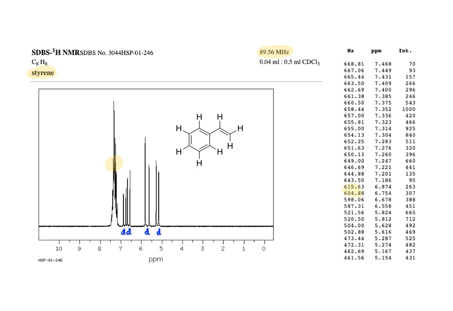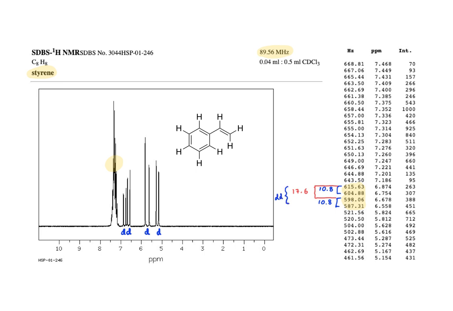For the doublet of doublets around 6.7 parts per million, we see a difference between the first two peaks of about 10.8 hertz. We round this off to the nearest tenth of a hertz. The numbers are not really more accurate than that. And the other doublet, also about 10.8 hertz. And then these two doublets are separated by 17.6 hertz. And that's the doublet of doublets.